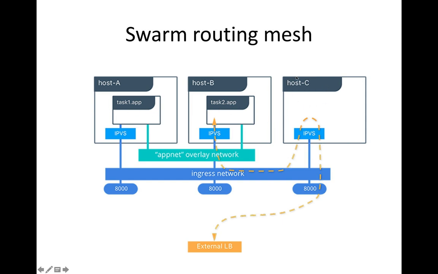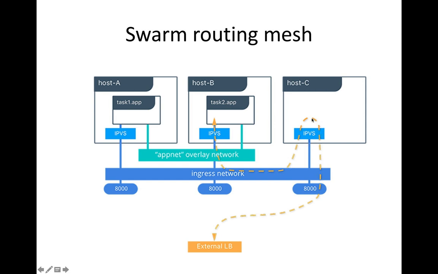You notice that this third host, which is labeled host C, doesn't have one of these tasks running. In other words, we've created a service. This service has two replicas, two tasks, two containers. And so this third host doesn't have one of the tasks running on it. But that's just fine.